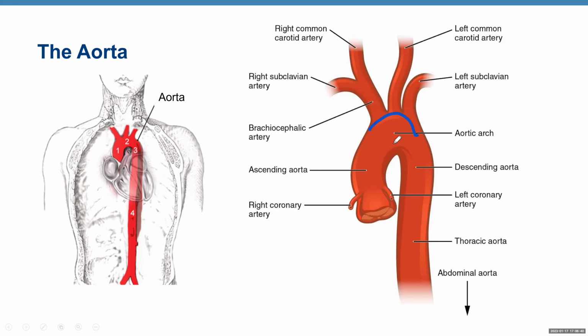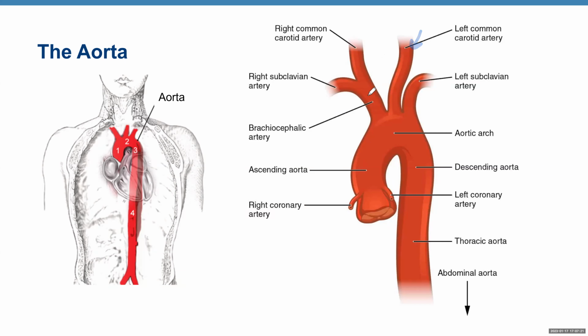Now from the aortic arch, we have 3 branches: brachiocephalic on the right side, left common carotid, and left subclavian artery. The brachiocephalic artery is a short blood vessel that very quickly branches into 2 other blood vessels, right subclavian and right common carotid. So on the top of this line that I'm drawing, you have 4 blood vessels: right subclavian, left subclavian, right common carotid, left common carotid.